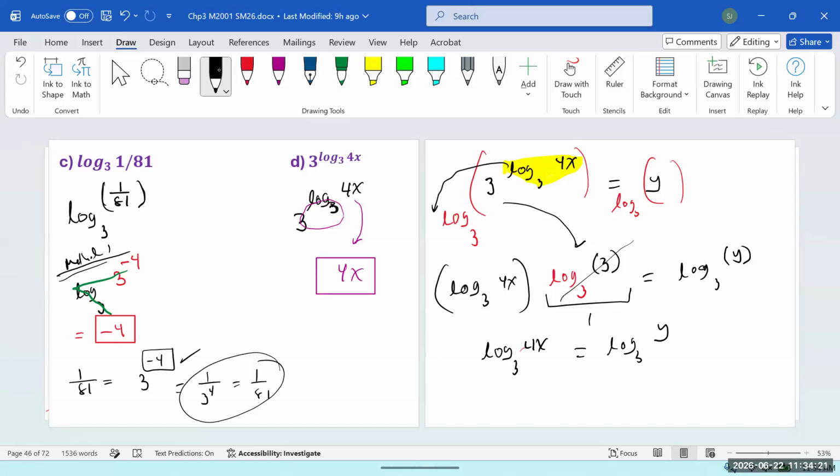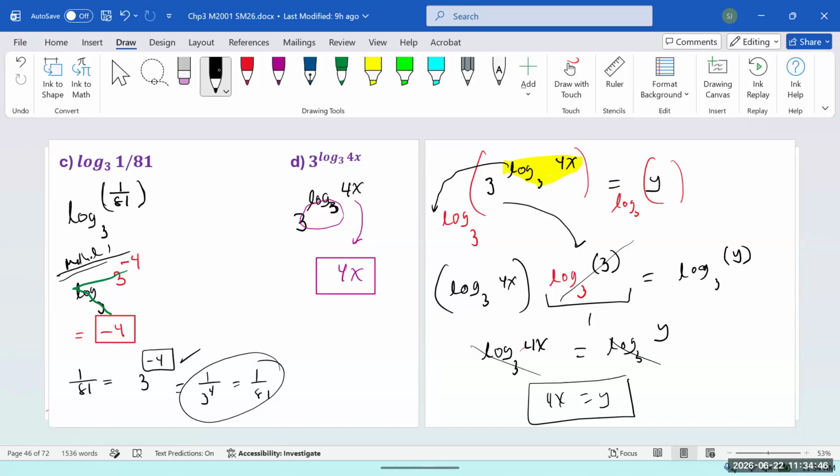As long as these numbers are the same, they turn into 1. So we are left with the power equals the right side. And then we apply the one-to-one property. When we have one single log on both sides of the equal sign, they cancel out. So there is no more log base 3, and we are left with 4x. 4x is the answer.